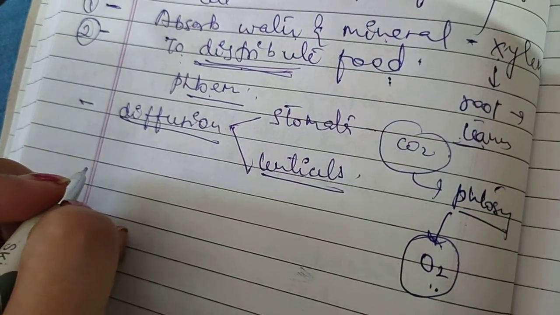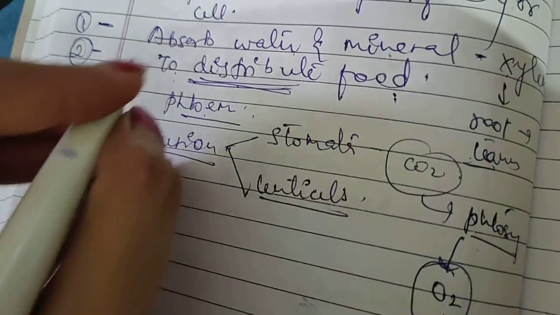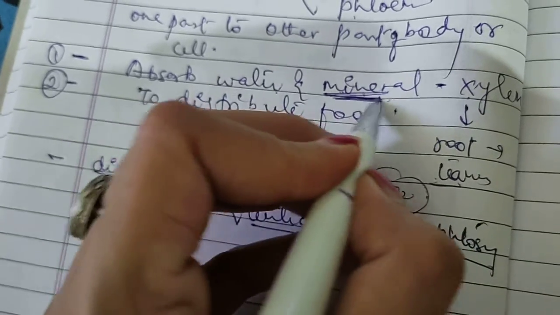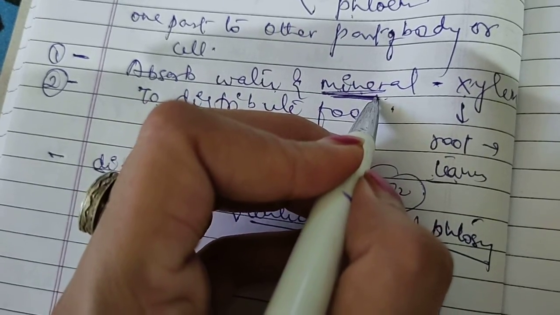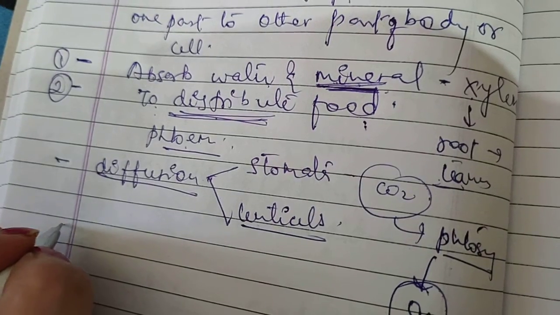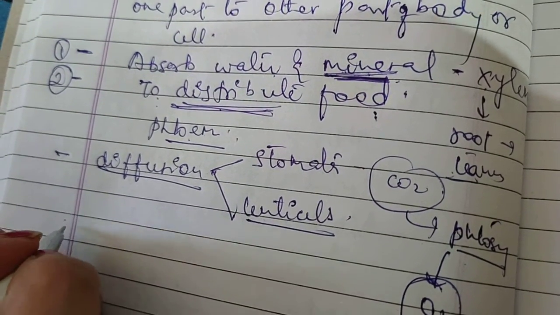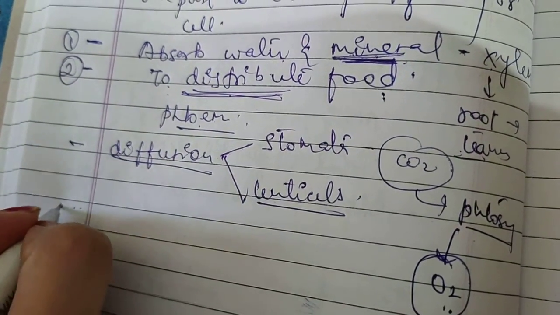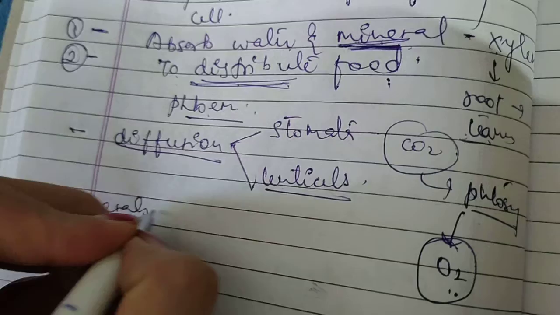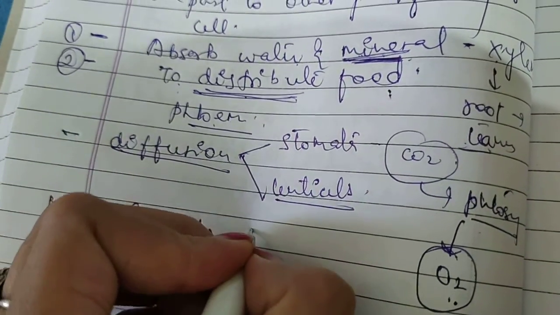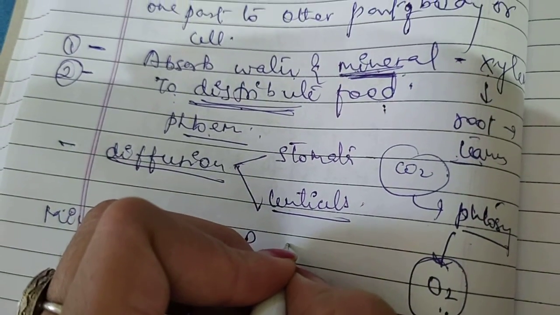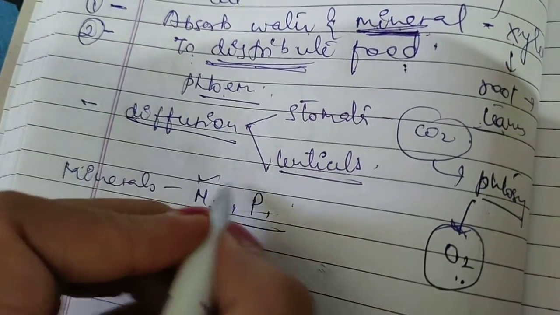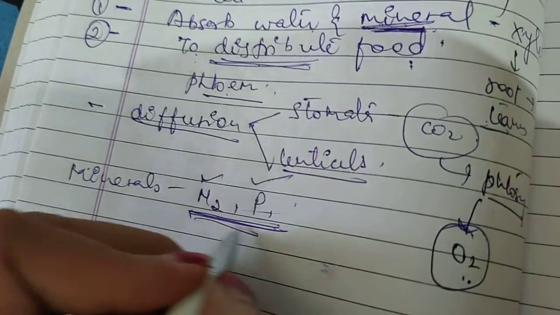As I told you, there are some minerals also needed by the plant. So what are those minerals? Other minerals required for building the plant body are also obtained from soil, and these minerals are nitrogen, phosphorus, and other minerals. Nitrogen and phosphorus are very much needed by the plant.